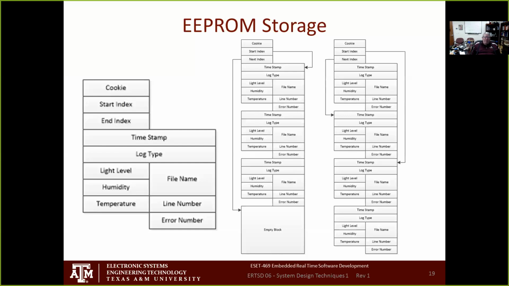I might pick a longer one that is my mother's maiden name in ASCII. It doesn't really make any difference, except one of the things I can do with a cookie, let's say that we're writing a program and we don't necessarily have all the requirements down when we start writing this program.